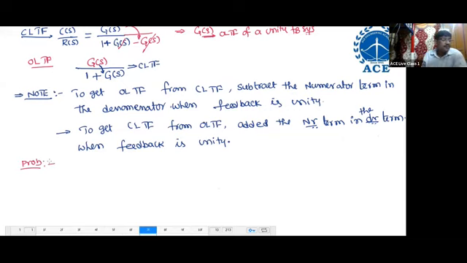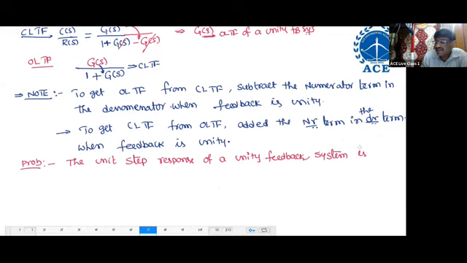The unit step response of a unity feedback system is C of t equal to 1 plus e power minus 4t minus 2 e power minus 2t, u of t.